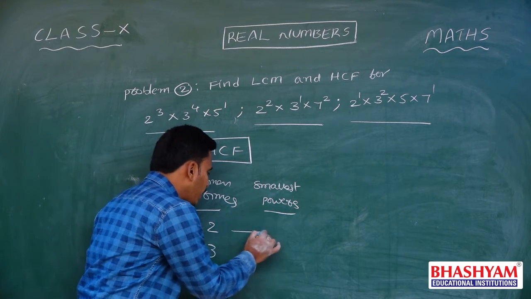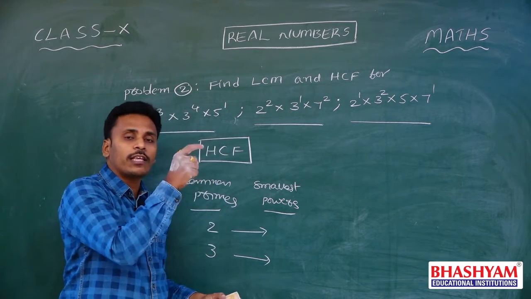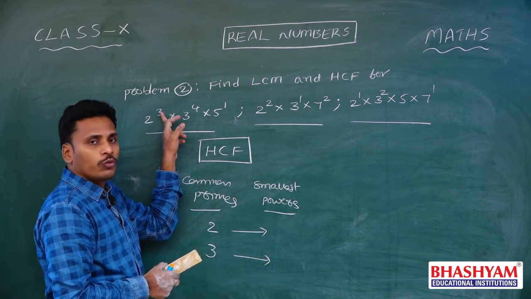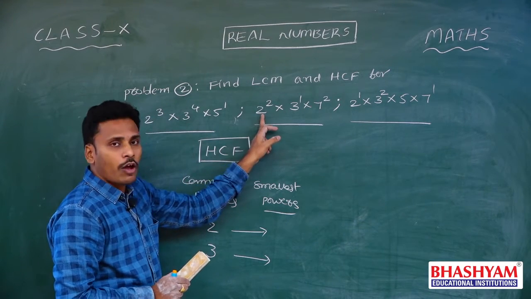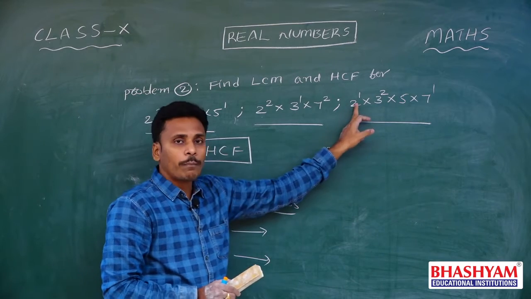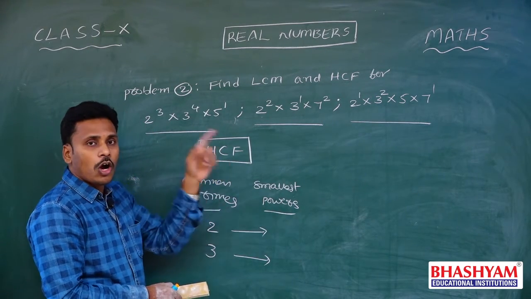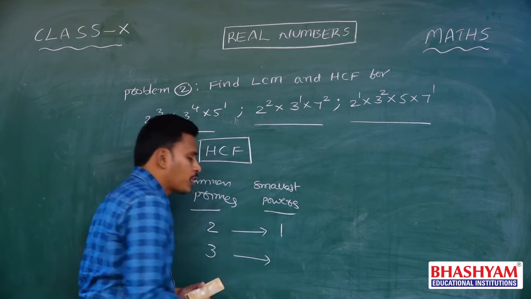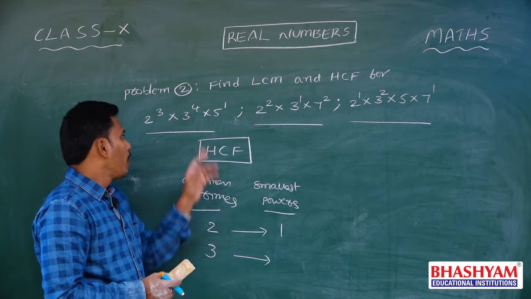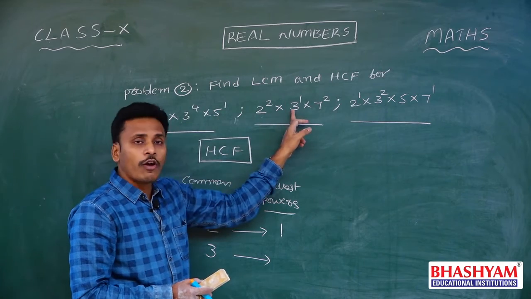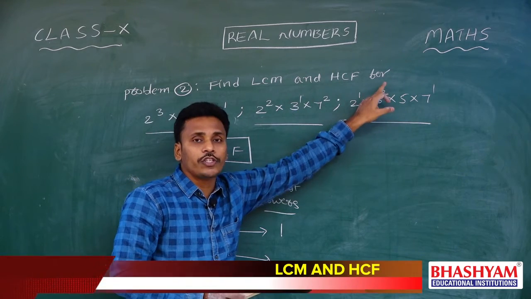After identifying the common primes, look at the powers. Power of 2 is 3 in the first number, power of 2 is 2 in the second number, power of 2 is 1 in the third number. What is the smallest power? Among all those powers, 1 is the smallest power. Now look at 3. Power of 3 is 4 here, power of 3 is 1 here, power of 3 is 2 here.